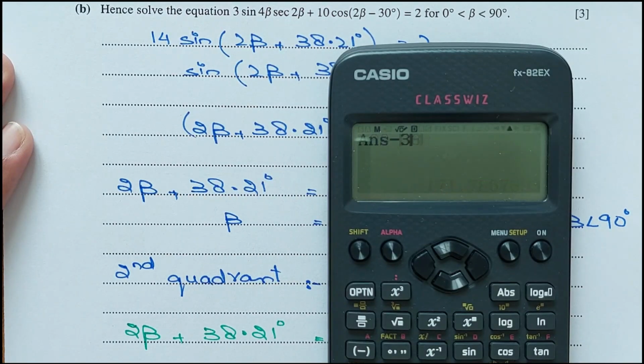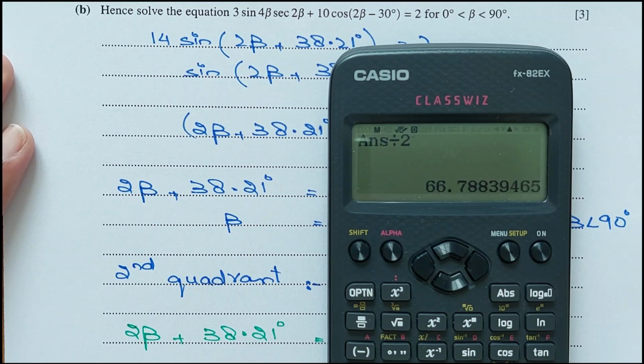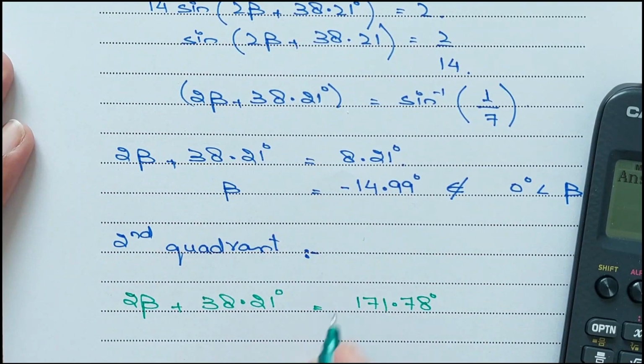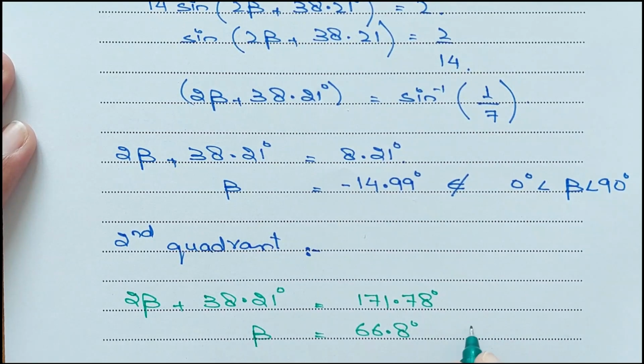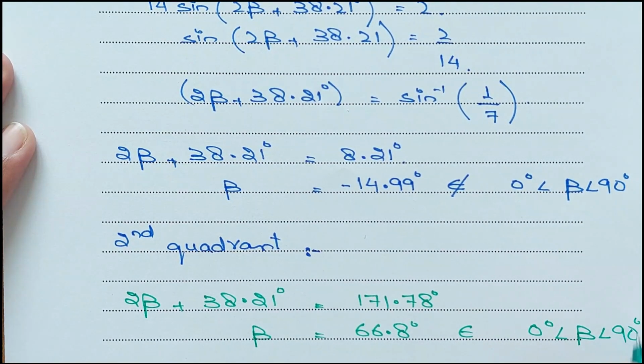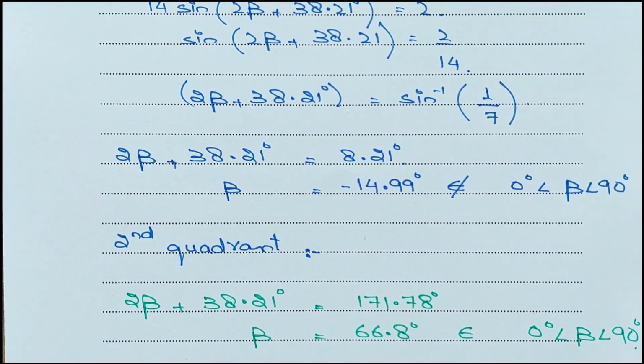And we have to subtract 38.21 and divide by 2, which is 66.78, or just 66.8 degrees. So here the value of beta is 66.8 degrees, which belongs to the domain 0 less than beta less than 90 degrees. Right, so that was the last question of our paper.